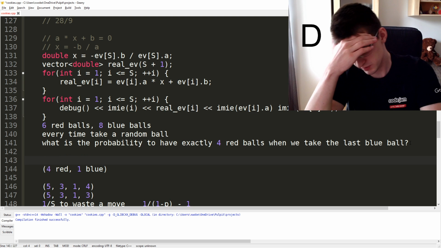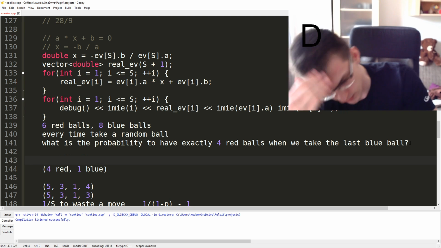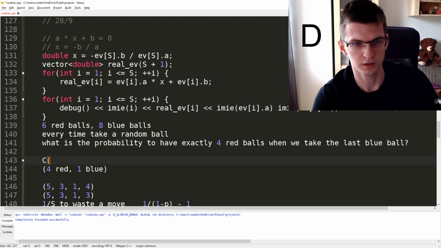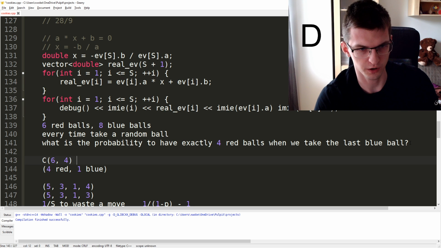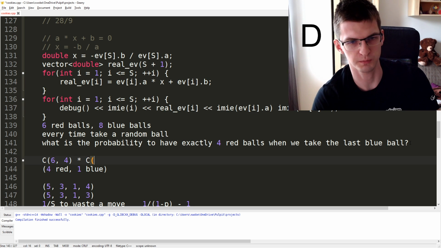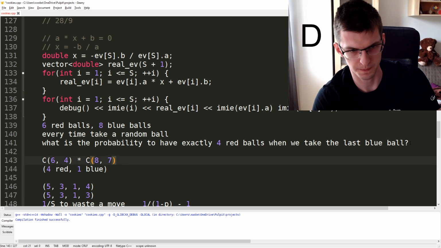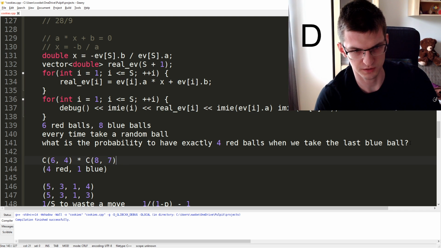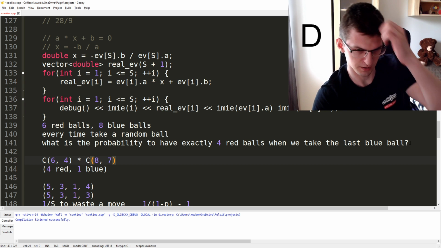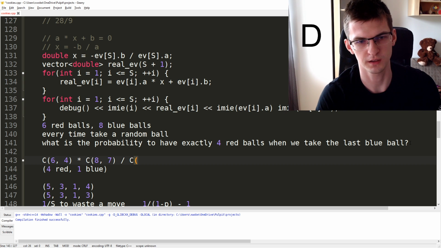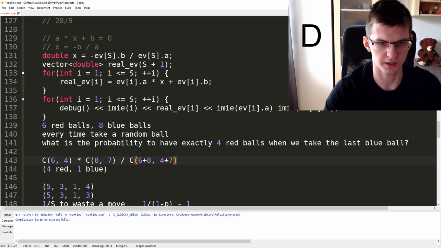The number of ways to achieve that is, among 6 red balls, choose 4 times, those are binomial coefficients, out of 8 blue balls, choose 7. This is the number of ways to get that, divided by, among all 6 plus 8, choose 4 plus 7. That's the probability to get to exactly this.